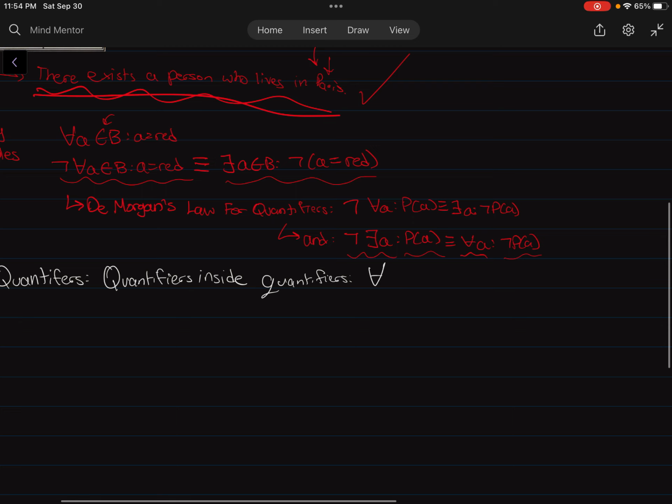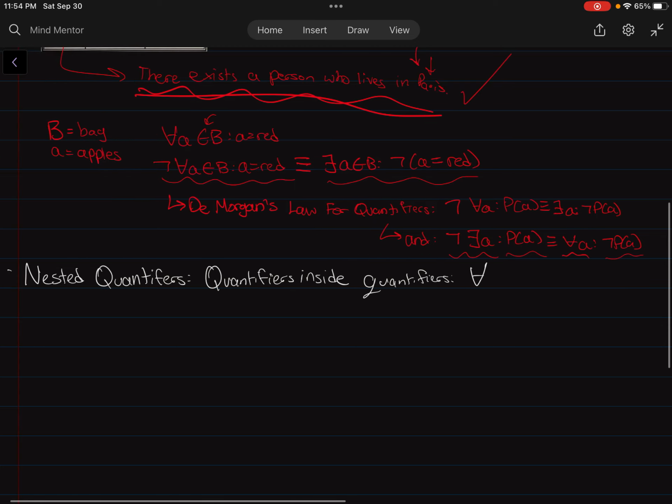for all, now let's say we had multiple bags, right? So B referred to the multiple bags, and the S is important, and A represents the multiple apples. Again, the plural is important.